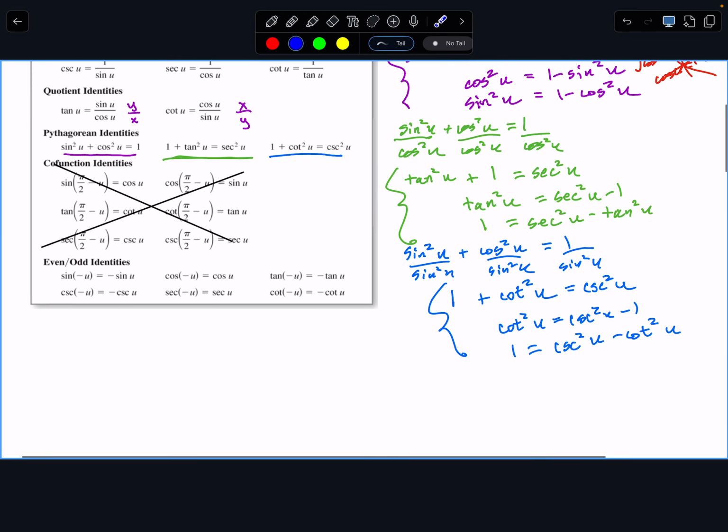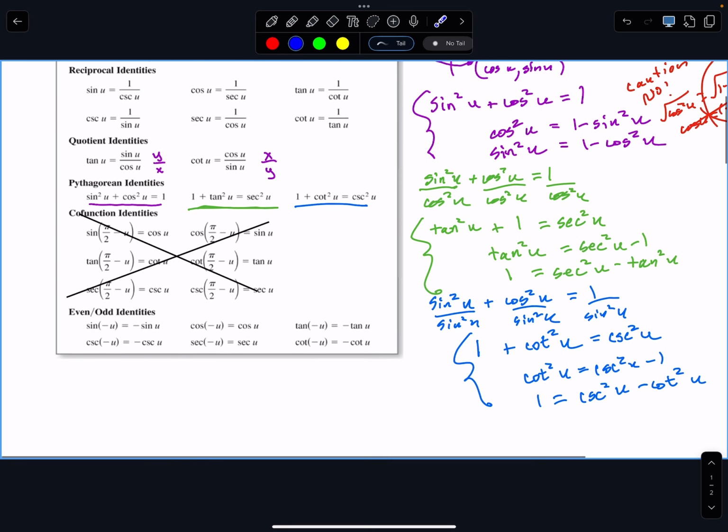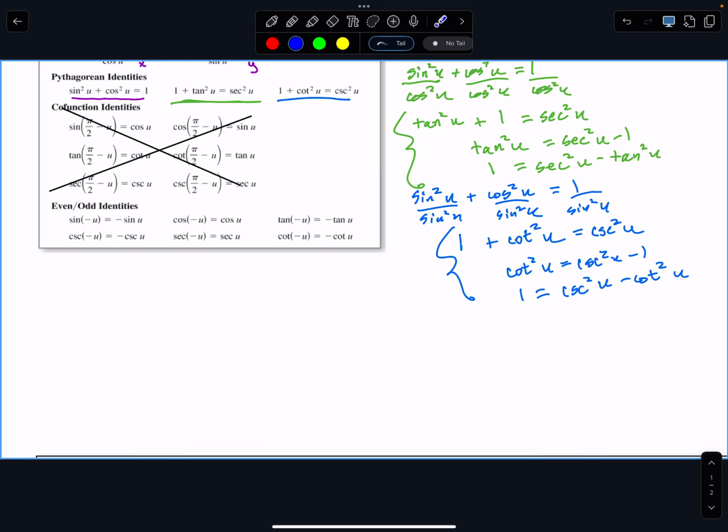But we do have some even and odd identities. We want to be able to rewrite these. And now this one's hard because we're not developing the whole concept behind it for evens and odds. Because people think that we are taking the negative out in front, and that is not conceptually accurate.